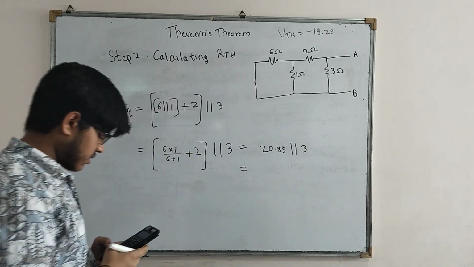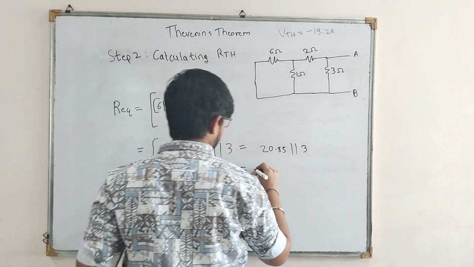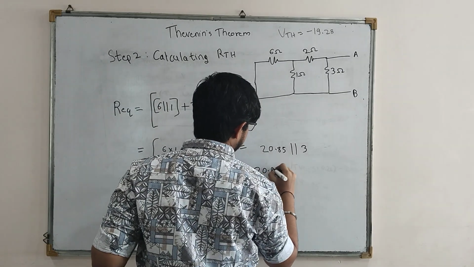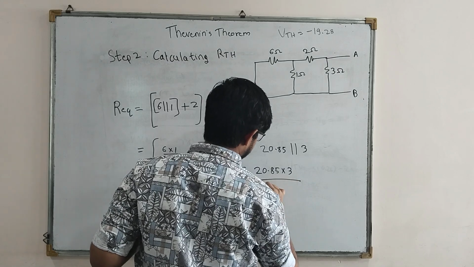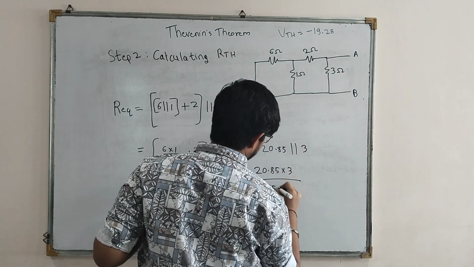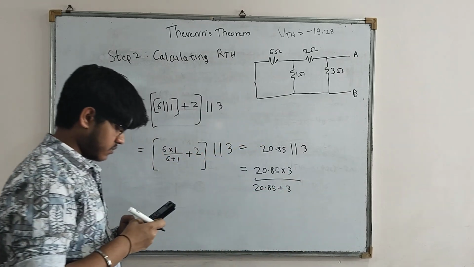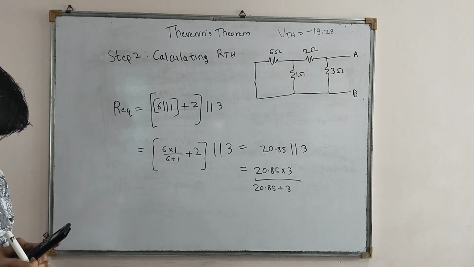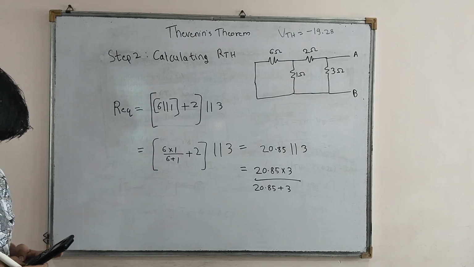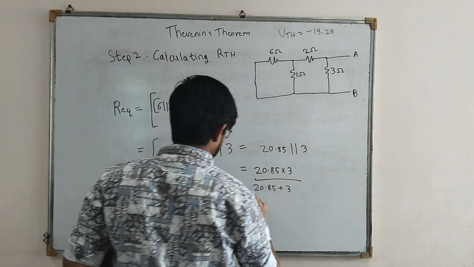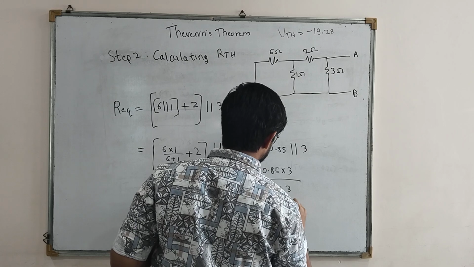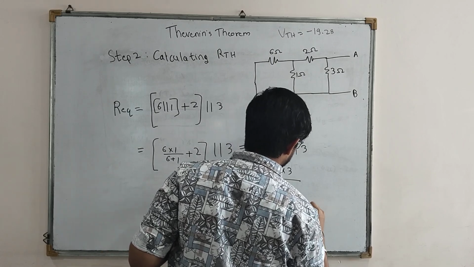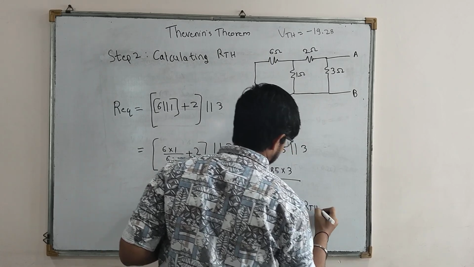Now this answer I will just calculate. We can write this as 20.85 into 3 whole divided by 20.85 plus 3. Okay, so now my answer turns out to be 2.62 ohm, which is nothing but my RTH.